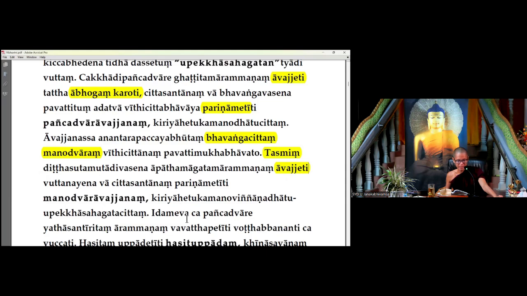So avajjeti is avajana. When you join with manodwara, tasmim, you see, it is a sattami vibhatti. Tasmim is on behalf of manodwara. Manodware avajana, manodwara avajana. That means in that manodwara.